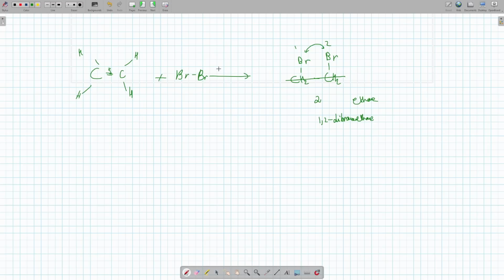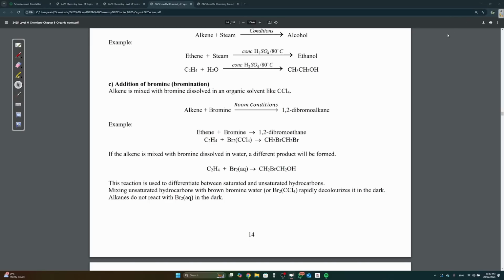The conditions for this, by the way, are room temperature and the presence of CCl4. It has to be in CCl4. You need to know that if you did this in water, the product you get, instead of having another Br bond, you see here we have 2 Brs, an OH will bond instead.